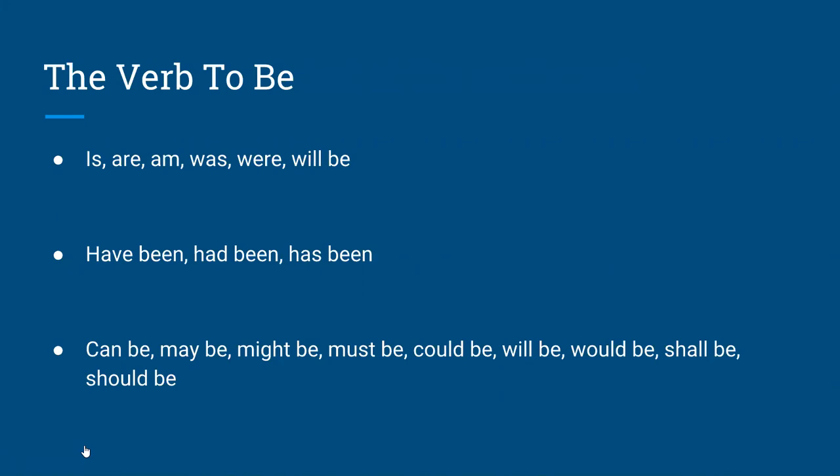So basically everything that ends in be. So I can be, she may be, they might be, we must be, I could be, they will be, he would be, we shall be, you should be.